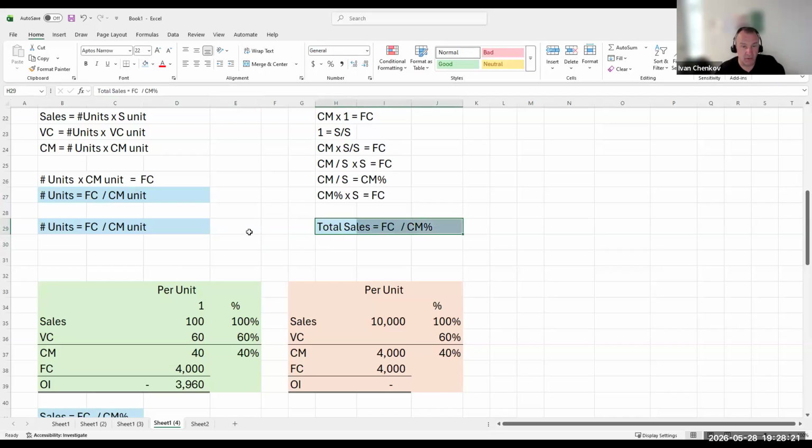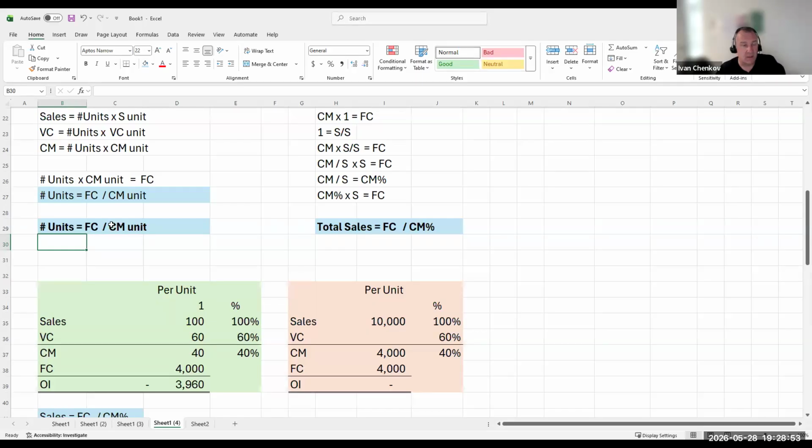Now let's explore the formulas for a second and see which one is common and which one is similar. Both formulas have different objectives. One is chasing the number of units, the other one is chasing total sales. But what's interesting is both formulas have the same denominator. Both formulas have fixed costs as a numerator.